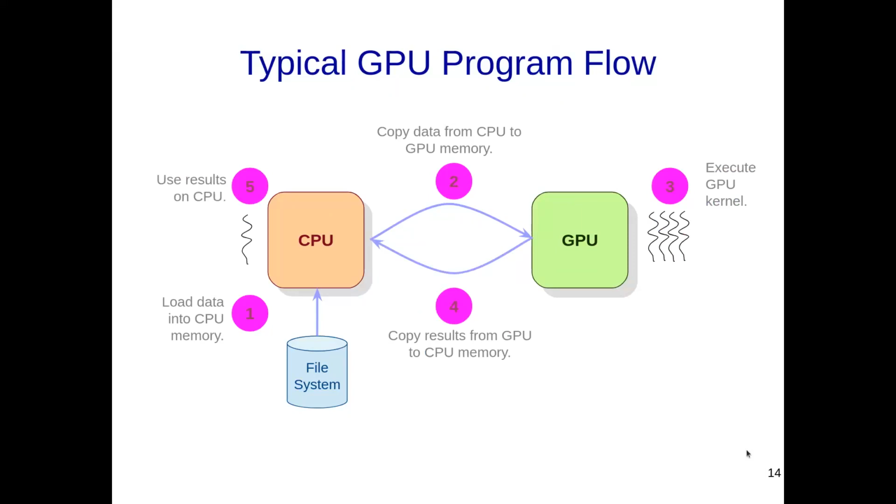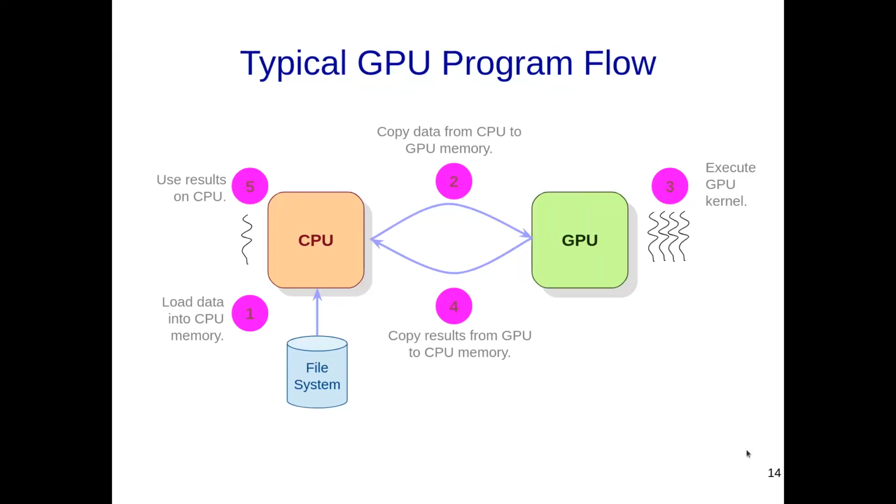And that processing further could be dumping the data to a file, printing it onto the screen, or it might require further GPU computation. So from step 5, I might go back to step 2, where I might want to process that data again for the next step, or maybe I want to process next data on the GPU and so on.